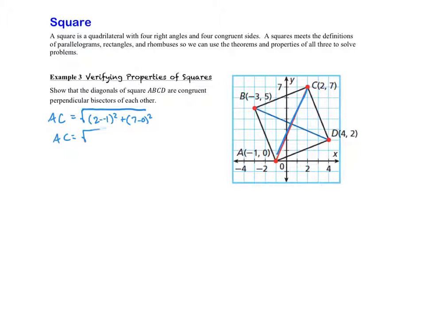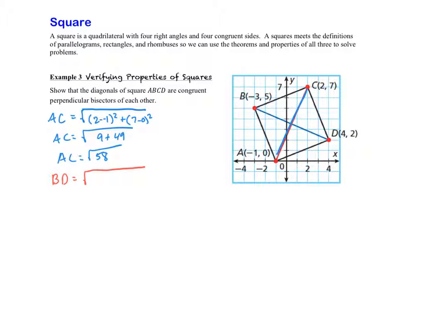Okay, so AC equals, well, 2 minus negative 1 is 3 squared. So that's 9, plus 7 squared is 49. And 49 and 9 is 58. So AC is radical 58. And we could try to simplify that. And then also I need to know the length of BD. So I'm doing the same exact thing.